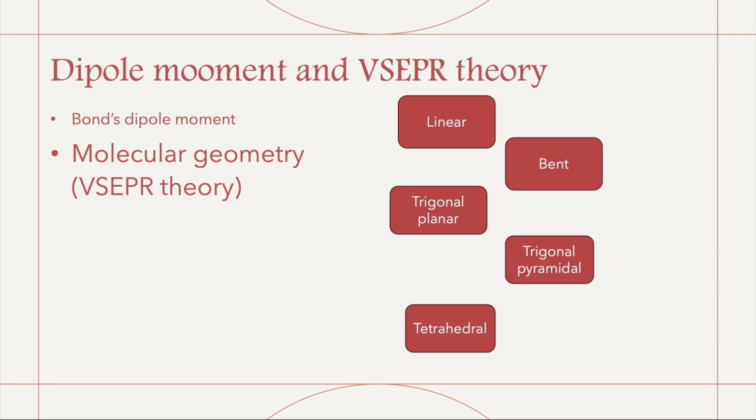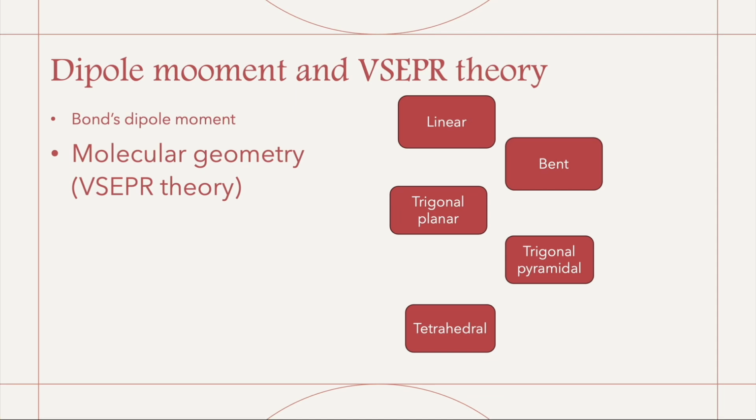Symmetry cancels out dipoles. If we have a trigonal pyramidal shape with 107 degrees, such as in NH3, the bond is polar and the molecule is polar too, because the lone pair causes asymmetry.